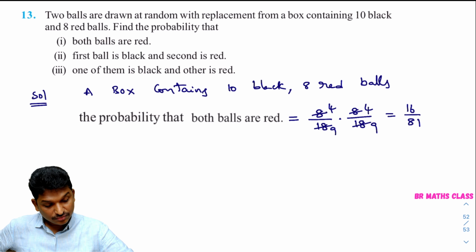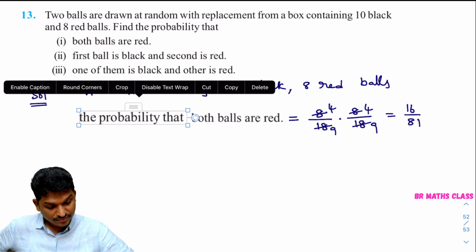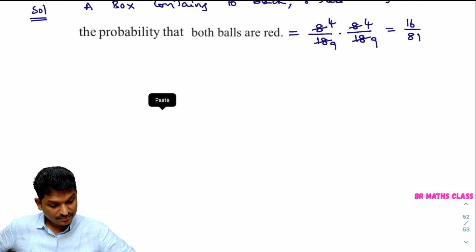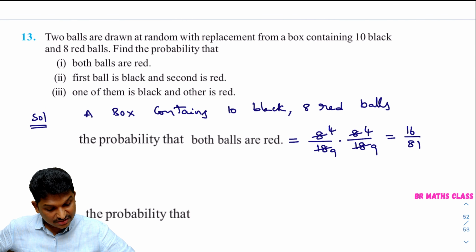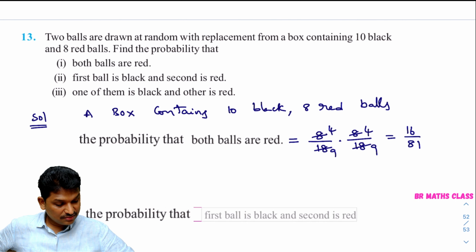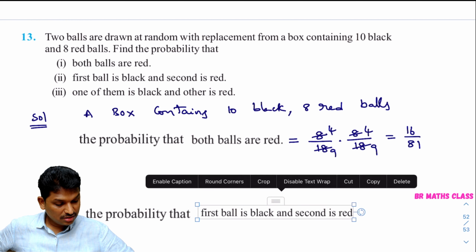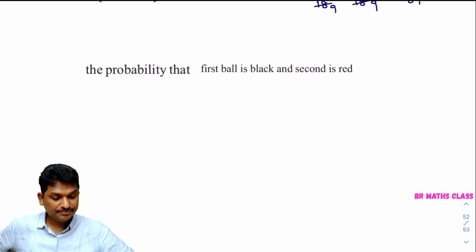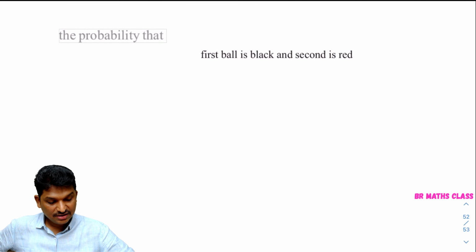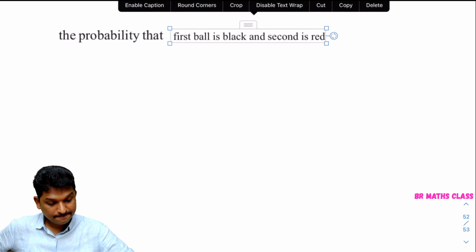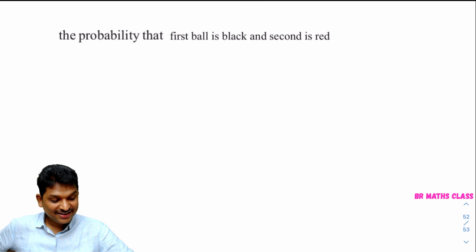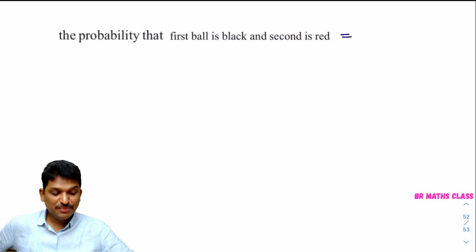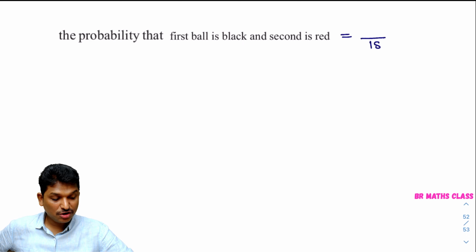Okay, now we will calculate the second one. The probability that the first ball is black and the second is red. See, what is the probability that the first ball is black?